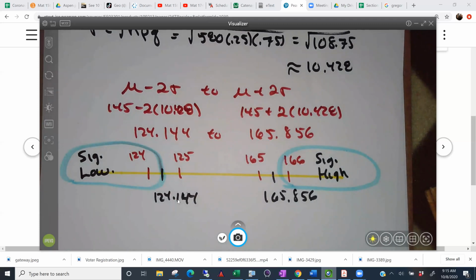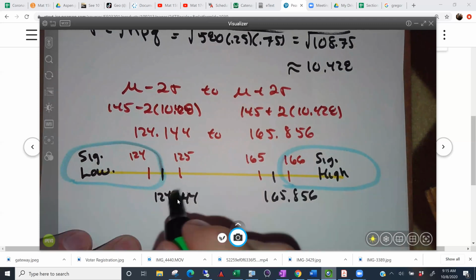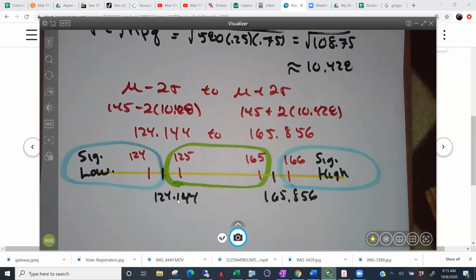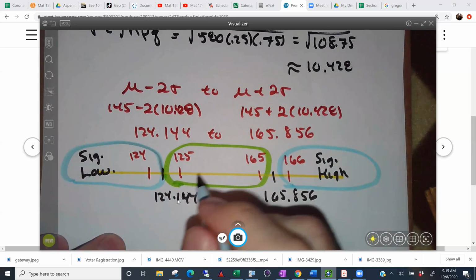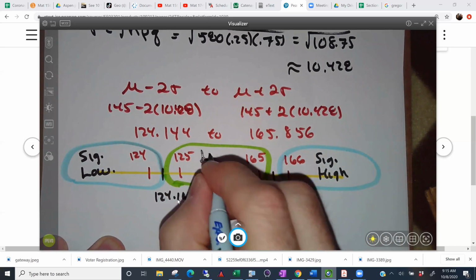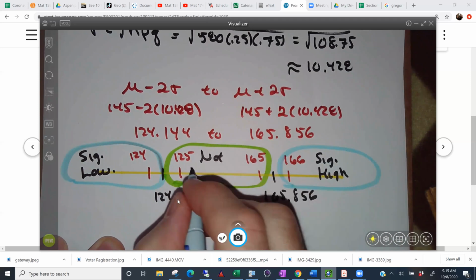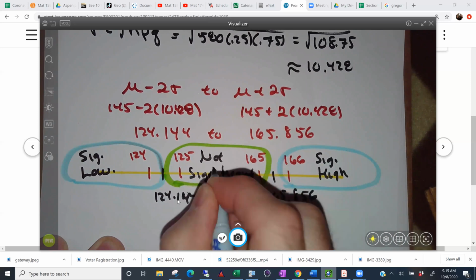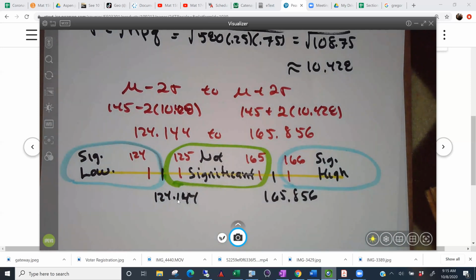So that means the stuff in between, between 125 and 165, those are not significant. I like to call them typical, but I'll keep in line with the book, not significant. Beautiful. How are we looking on that one? Okay.